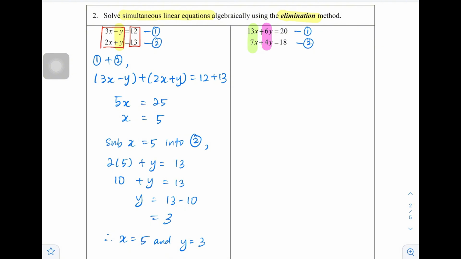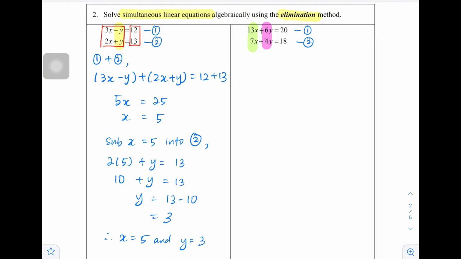To do that, I can take equation 1 multiplied by 2. This means that I multiply every single term in equation 1 by 2. So I will get 13x times 2, which is 26x, 6y times 2, which is 12y, and 20 times 2, which is 40. This new equation, I can call equation 3.